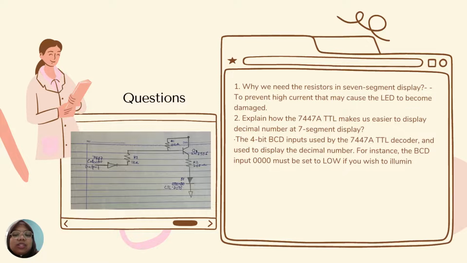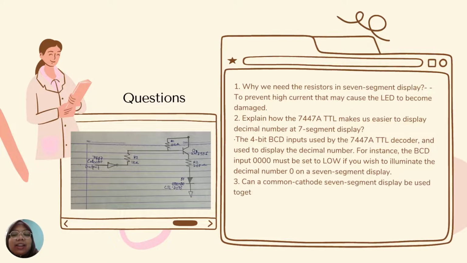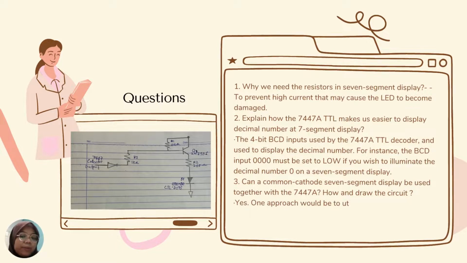For instance, the BCD input 0000 must be set to low if you want to display the decimal number 0 on the 7-segment display. This is due to the fact that when the 7447 is turned on, the outputs are high and then decrease to low.